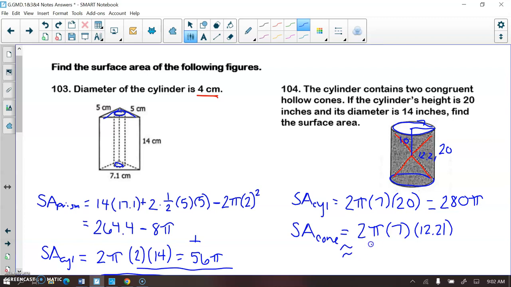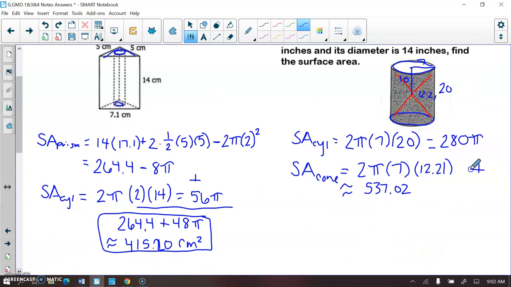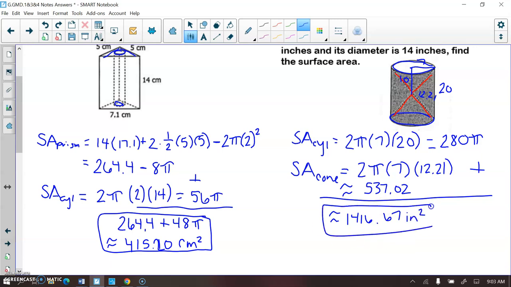So the surface area of the 2 cones is about 537.02. And so then I would add these 2 together. So 280 pi plus 537.02 comes out to be approximately 1,416.67 inches squared. All right, that brings us to the end of this video.